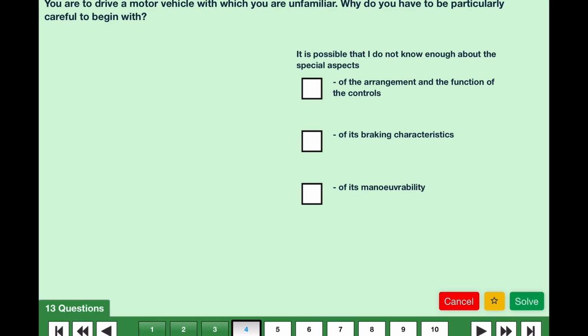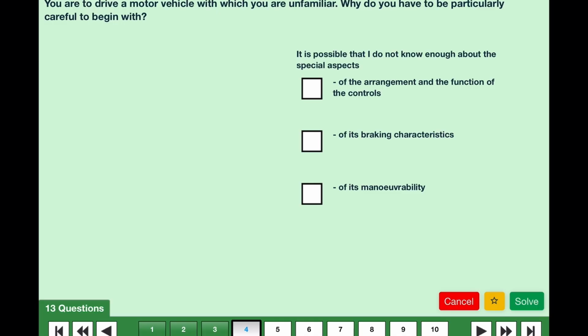Moving to number 4. You are driving a motor vehicle with which you are unfamiliar. Why do you have to be particularly careful to begin with? Assume you have a new car and you don't know how to use it. It is possible that I do not know enough about the special aspects.